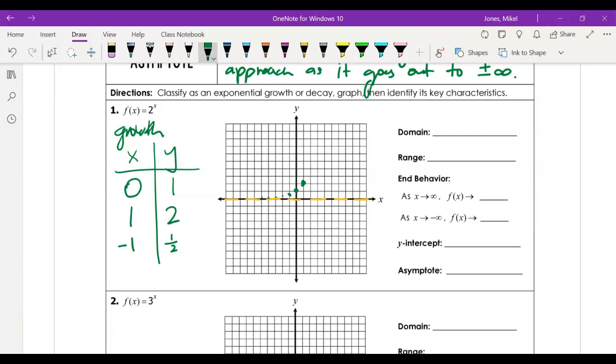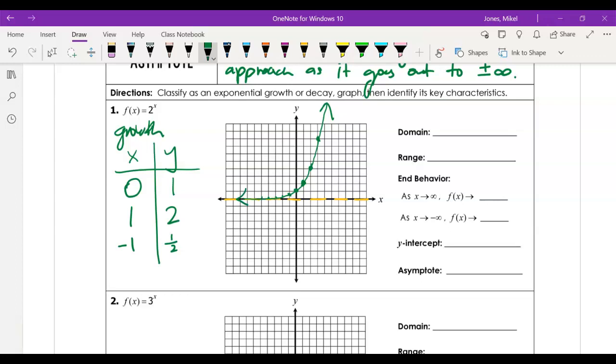I'm not going to put it in the table, but I could do x equals 2, and it would be 2 to the 2, which is 4. Then 2 to the 3 would be 8. And so it's going to grow like that. So this graph ends up looking like this.